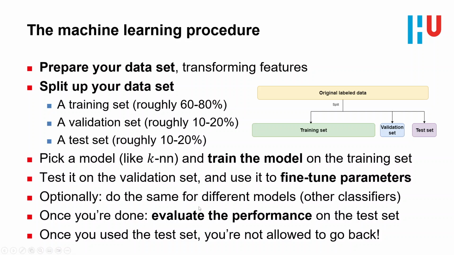If you do this last test iteratively, you're not testing your generalization. You're just overfitting again, but now for your test set, which is not what you meant to do. So you can use this test set only once, and that's it.